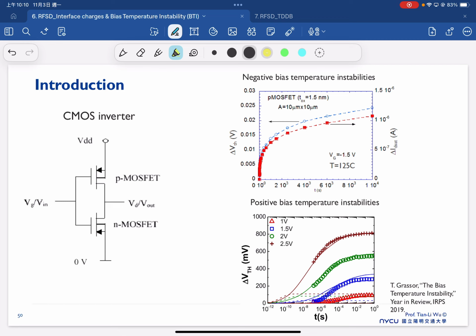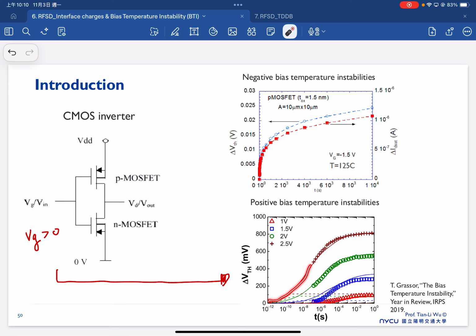In the case with the NMOS in the bottom, once the device turns on, it operates with VG larger than 0 volt. But if we bias the VG larger than 0 volt for a certain time, then you will very often see the threshold voltage shift with respect to time, as shown here.